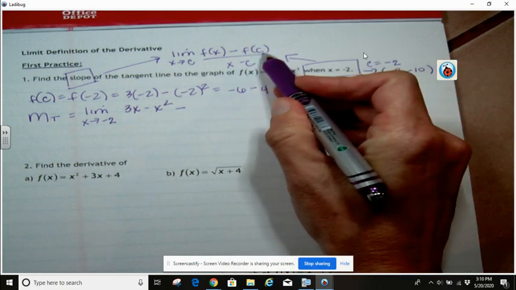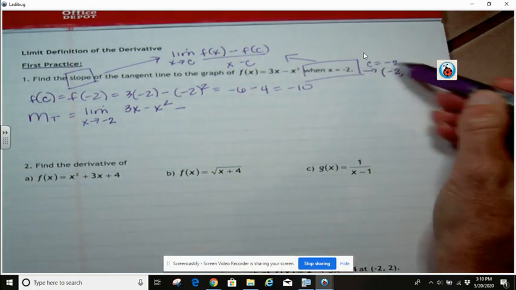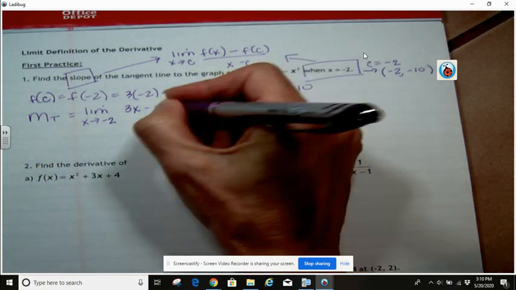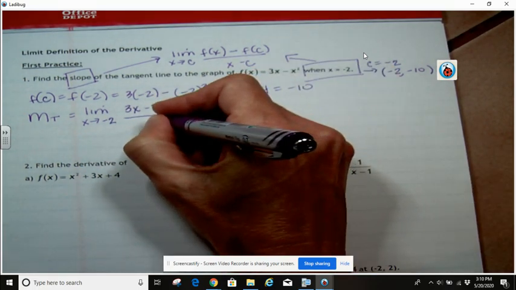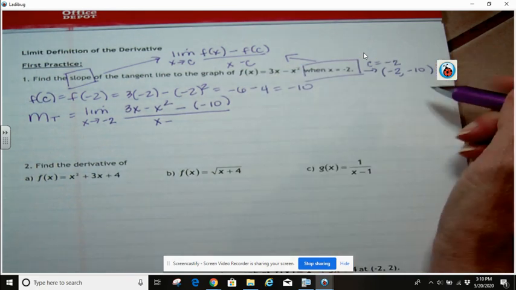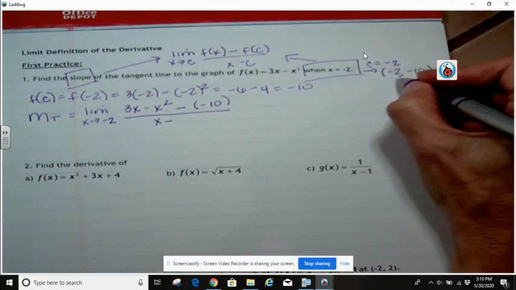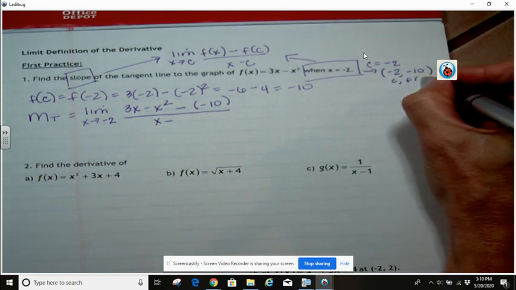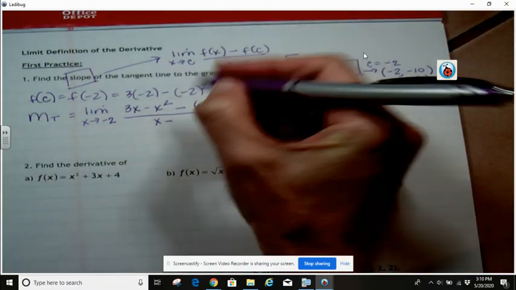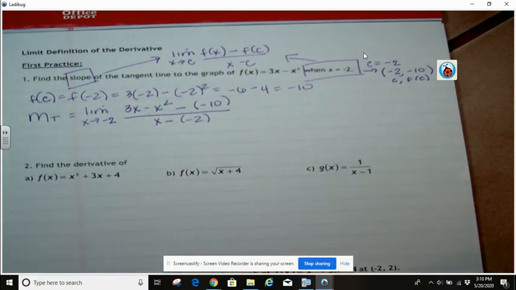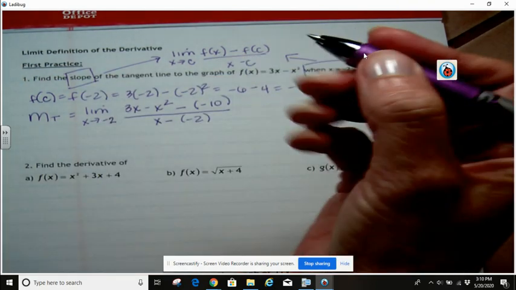Minus f of c, which is this y value that we found that pairs with the x value. So minus negative 10, divided by x minus the c value, which is the x value that you were given. So remember, this is c comma f of c. All right, and so minus negative 2. We're just going to clean that up a little bit.